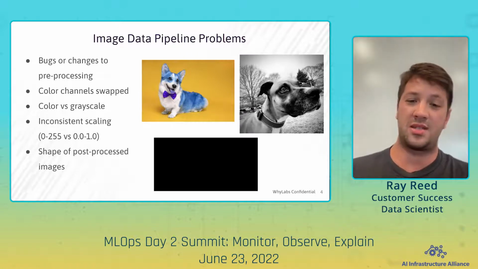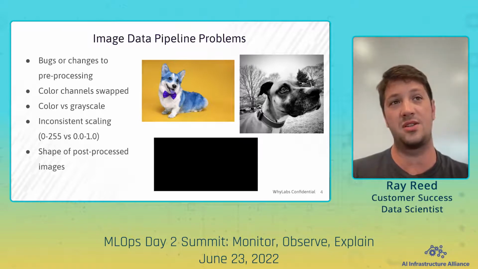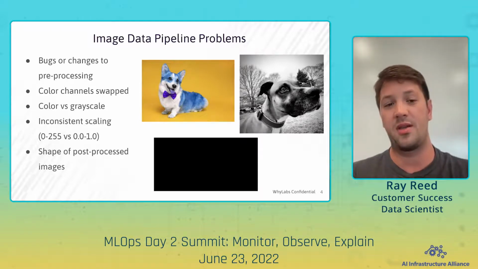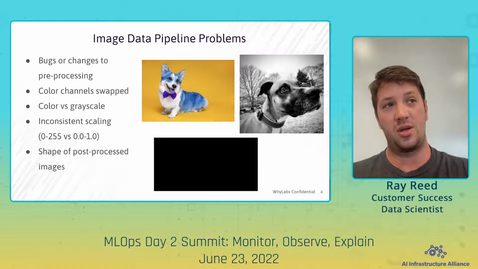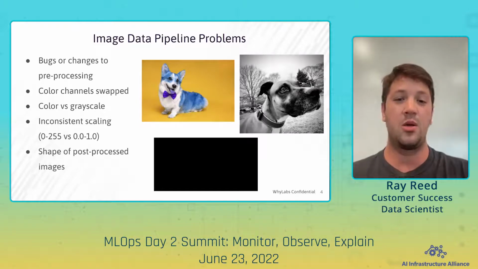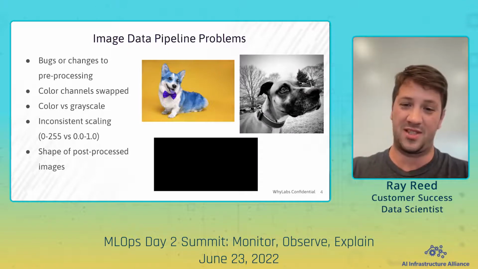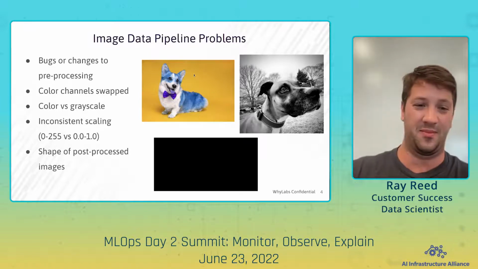And a couple of the things that we might run into are, suppose we decided to switch to a different image processing tool, which reads in images in a slightly different way. That might result in color channels being swapped. And we might get something like this blue dog we see here.